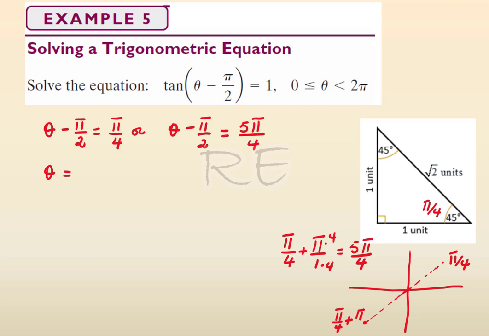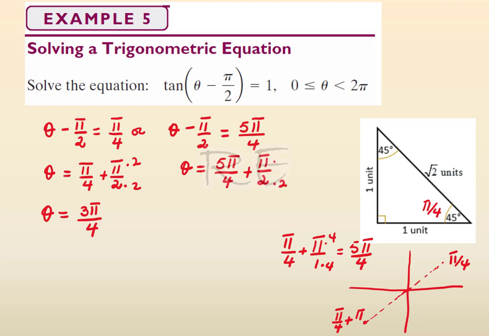Now we're going to solve for theta by adding pi over 2 to both sides. Theta is equal to pi over 4 plus pi over 2, which is 2 pi over 4. So theta is equal to 3 pi over 4. Or theta is equal to 5 pi over 4 plus pi over 2.